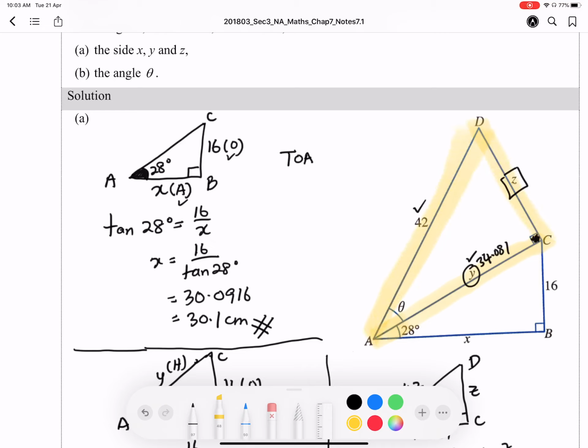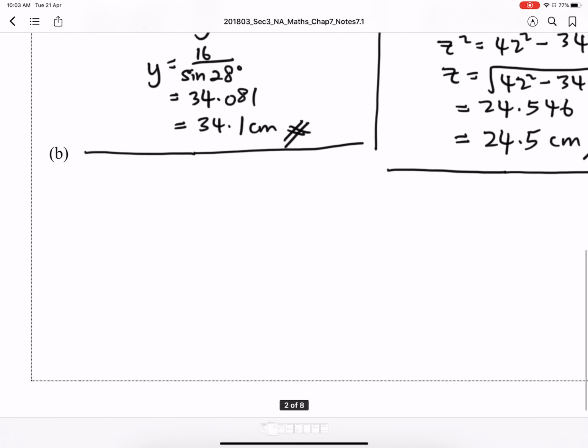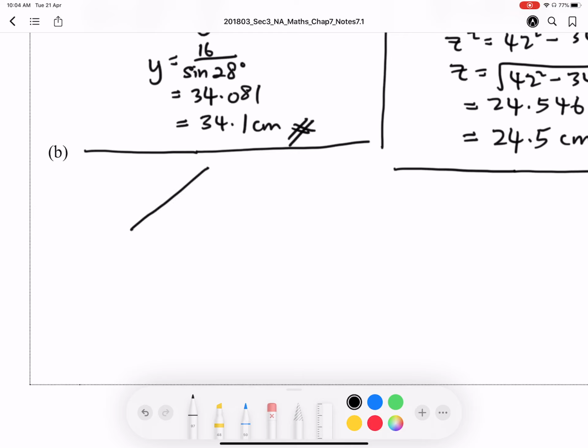This is the triangle ACD, and we can apply the information that we have got. So we're going to draw the ACD again in the space provided for B, so that it is clear that we can apply a certain trigonometric ratio for this question. So let's draw it again.